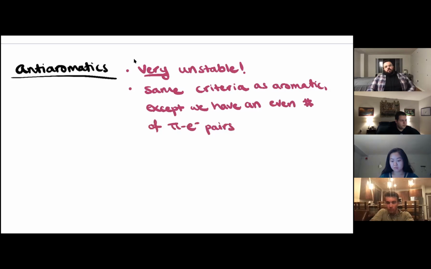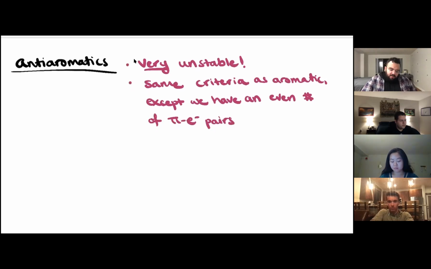The most common example of this would be cyclobutadiene, which you guys might have accidentally used in synthesis. Please do not use this in synthesis; it's very unstable.